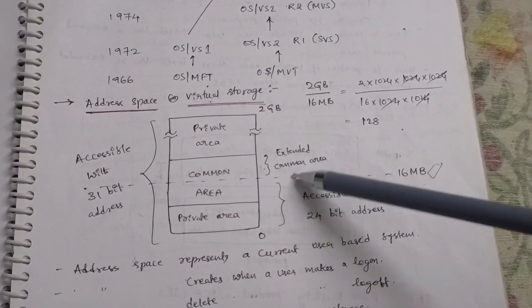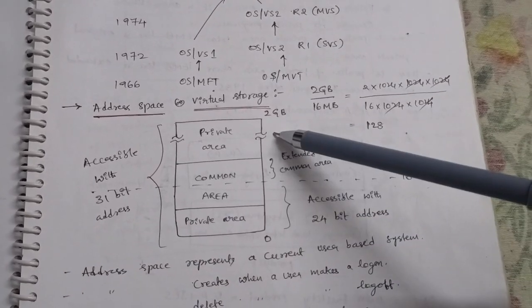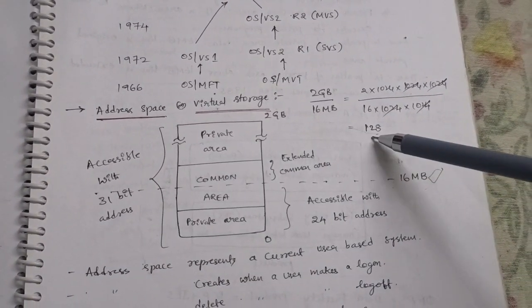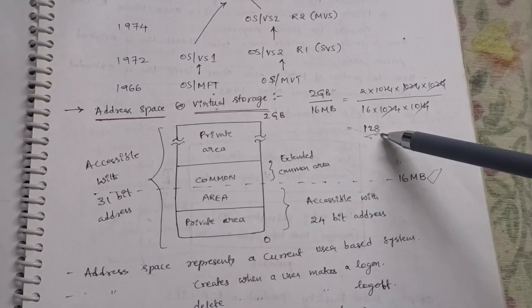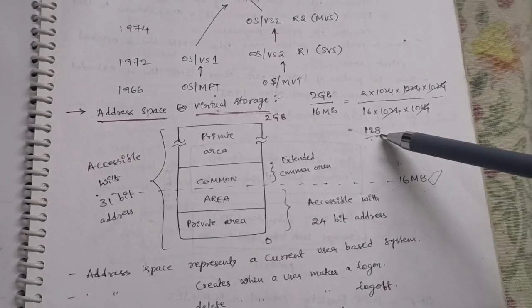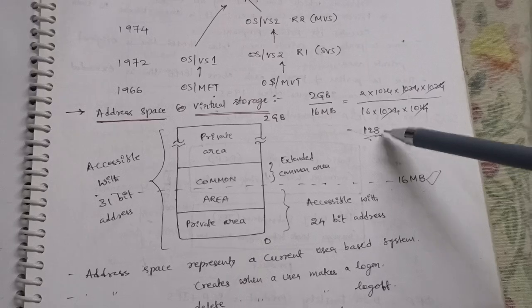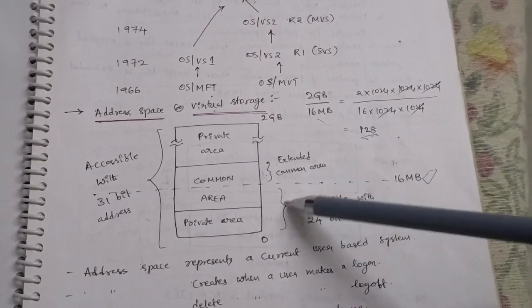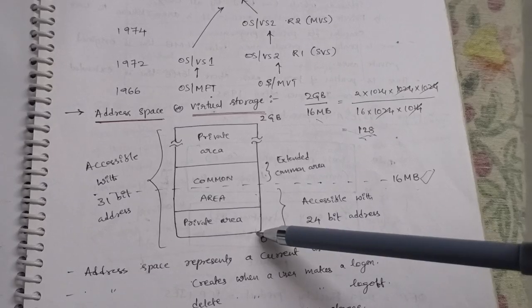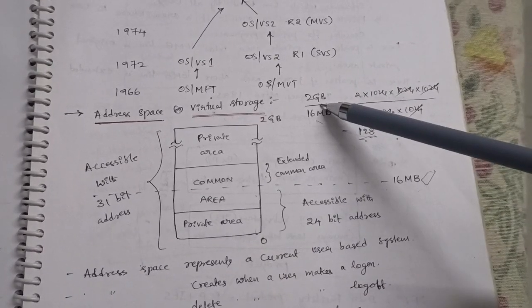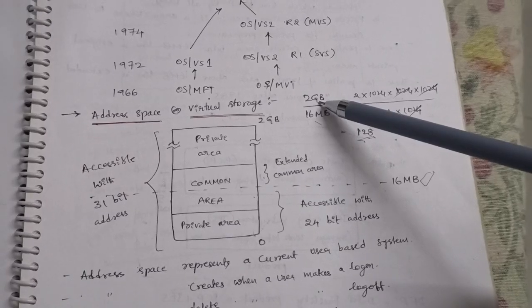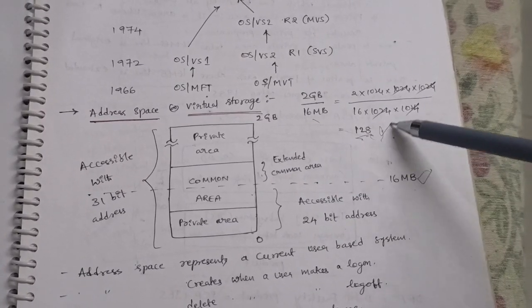After that the system was updated to 31-bit address, and the common area was extended. The extra memory increased 128 times for the 31-bit address, because for 24-bit address the virtual machine runs till 16 MB, but for 31-bit address it has been extended till 2 GB. How much has it increased? 128 times.